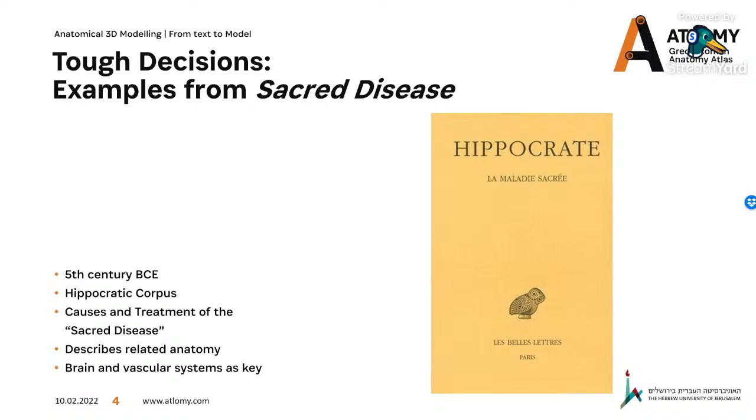This is the cause of the various symptoms, like our hands shaking and the froth coming out of the mouth. So in order to explain this, the author needs to depict the anatomy, and he refers to the vascular system, the various vessels, the brain.